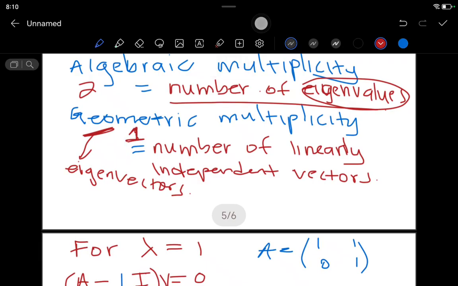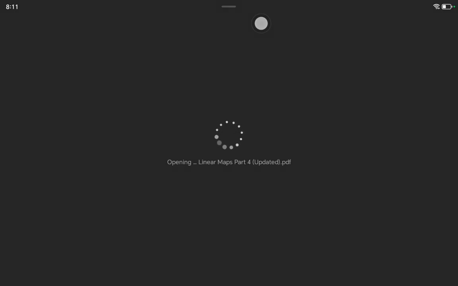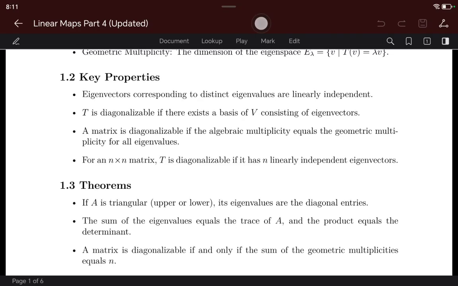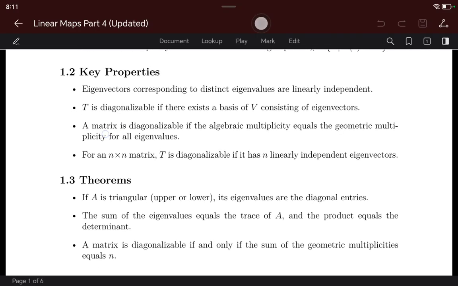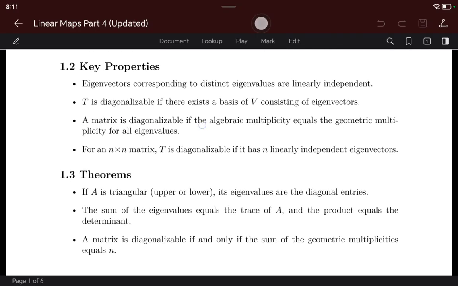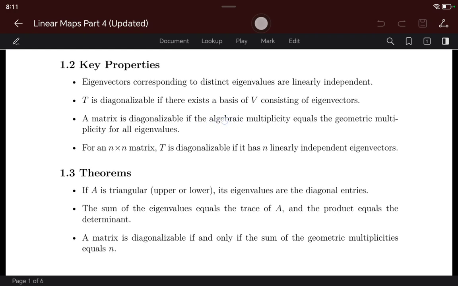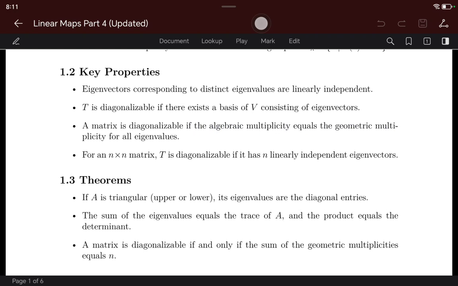So remember, they say that if this is equal to this, therefore this is diagonalizable, right? So let's go back and check that. They say that a matrix is diagonalizable if the algebraic multiplicity equals the geometric multiplicity for all eigenvalues.